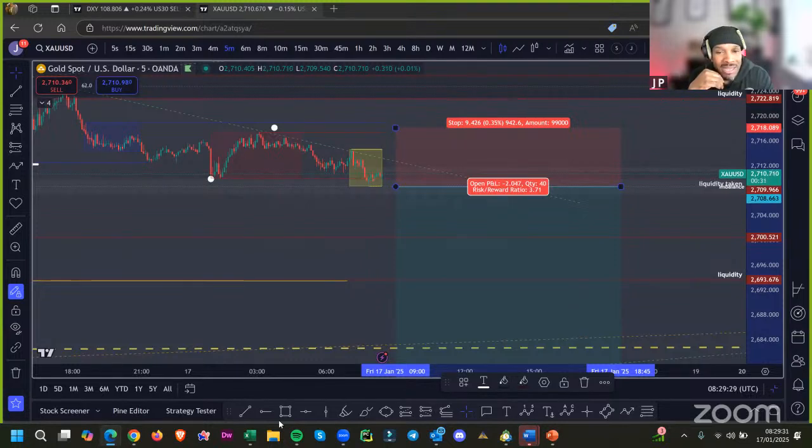Then that means even if 4 out of 10 trades is going in your direction, and you can make a 1 to 2, well then you're going to be making 2% on your account because 6 of them went bad.